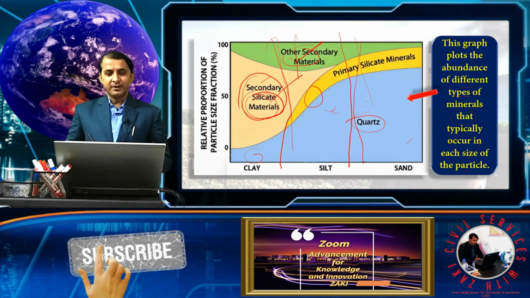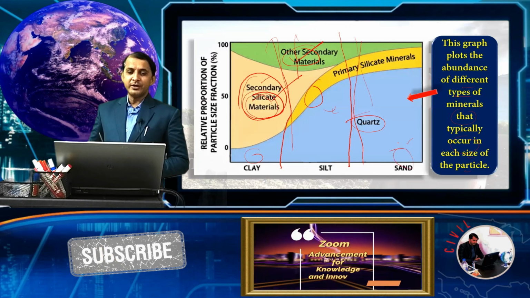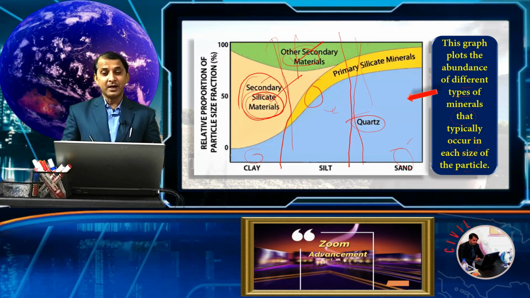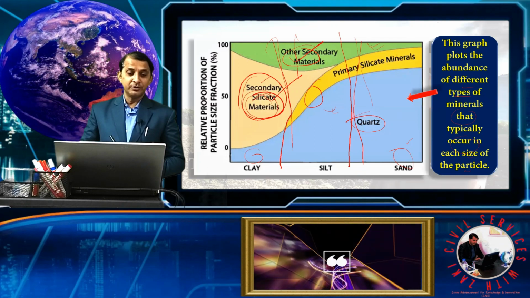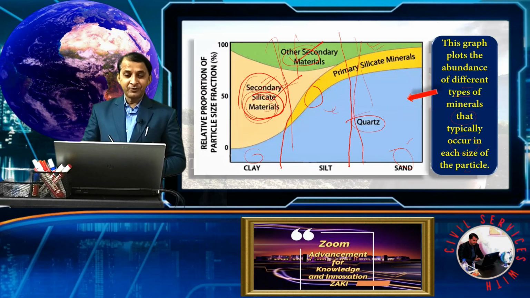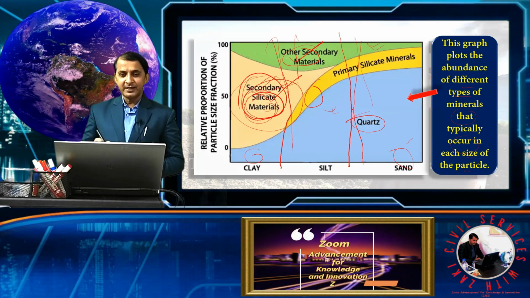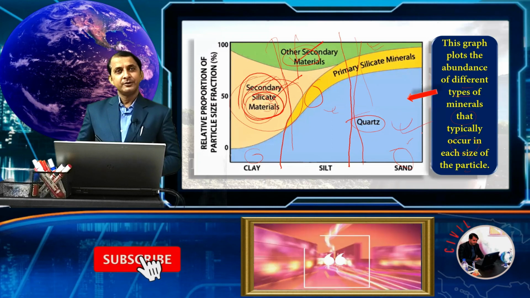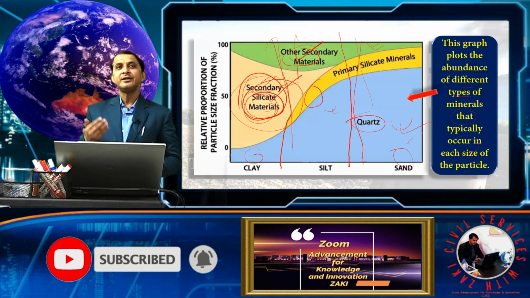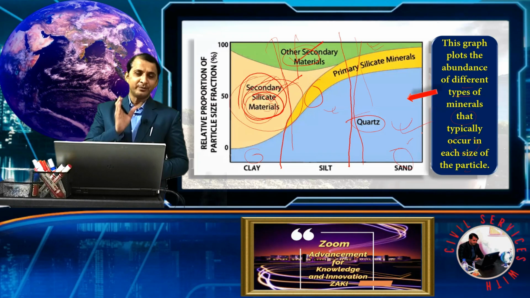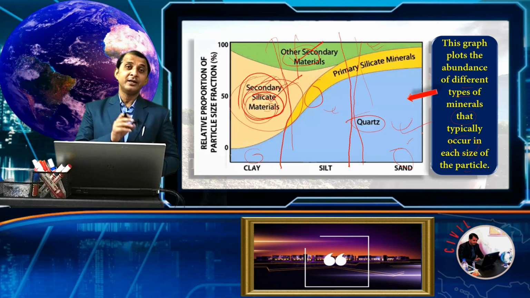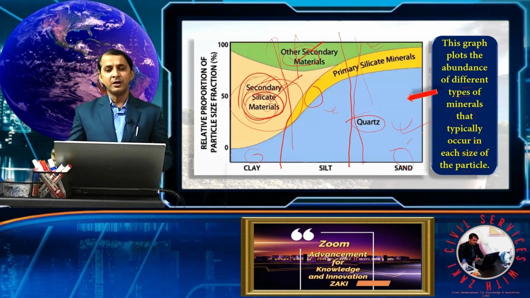Another is called sand. In sand you can only find the primary minerals and other secondary minerals, not secondary silicate material. You can't find secondary silicate material in sands. That's why we provide this graph, so you can easily understand the content of the sand, silt, and clay in the various types of soil across the globe.